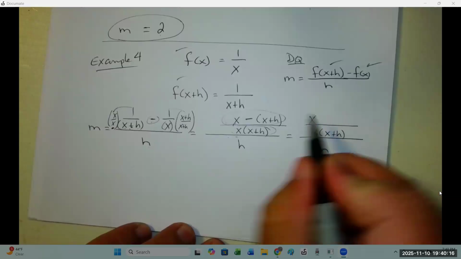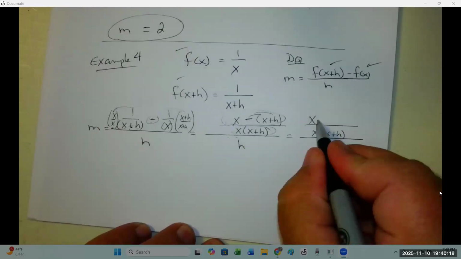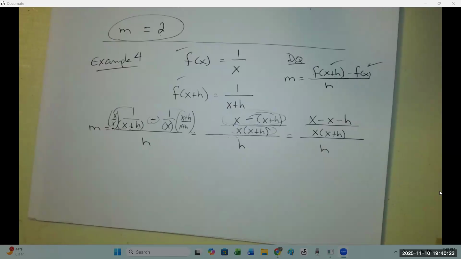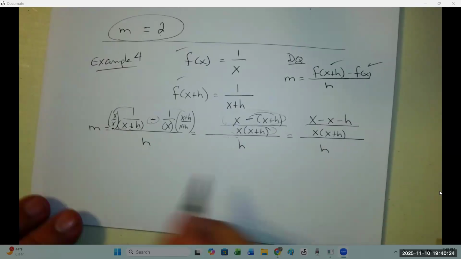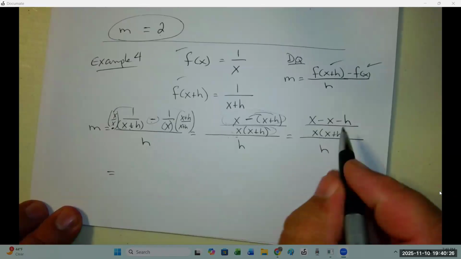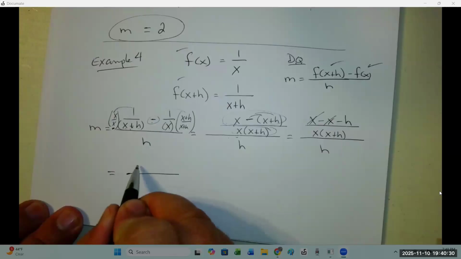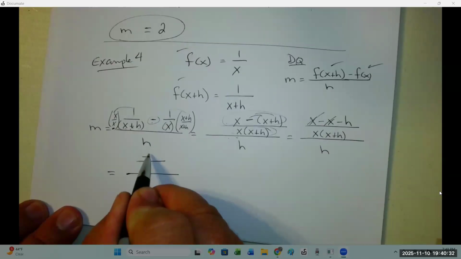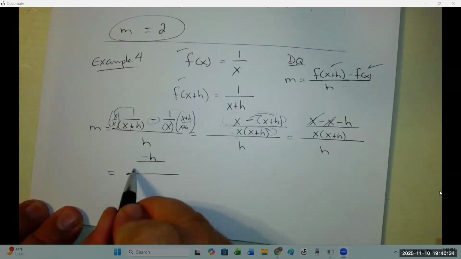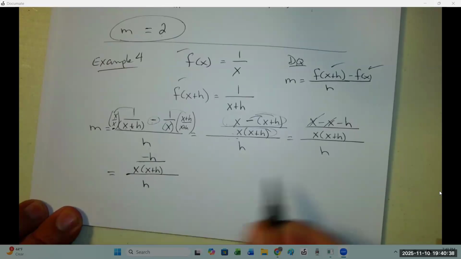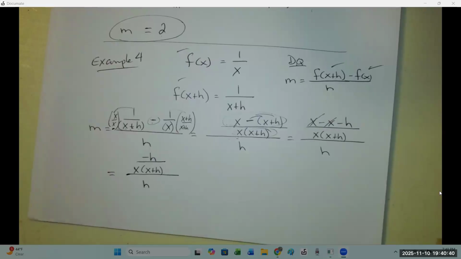So we have x, distribute that negative sign, so it's negative x, negative h. Combine like terms, so the x minus x cancels. So we have negative h on top, x plus h on the bottom, all that divided by h.